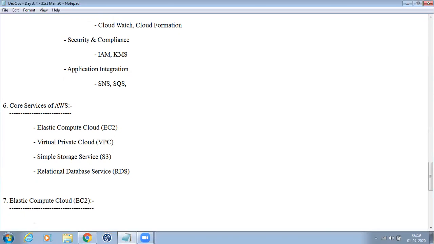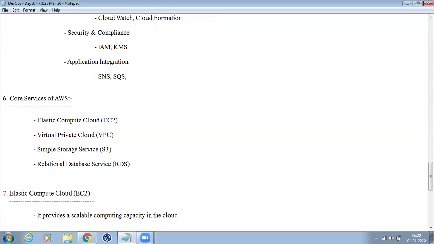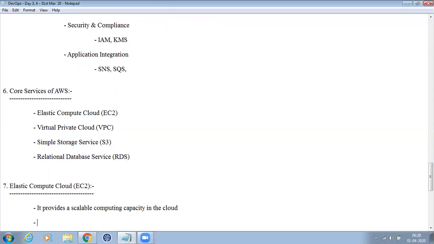So Elastic Compute Cloud, what it gives: it provides scalable computing capacity in the cloud, especially AWS. This is one point I am giving so that it is easy to understand.